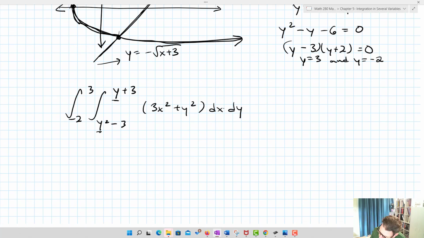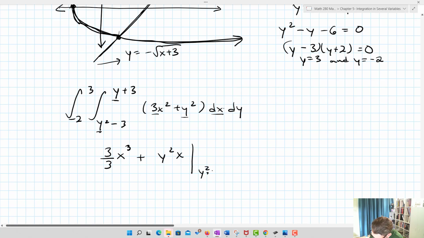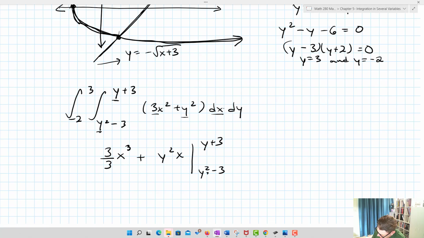So now first I'm going to integrate with respect to x. Y squared is constant. So this gives me 3 over 3 x cubed plus y squared x, evaluated from y squared minus 3 to y plus 3. Let's just do this first, then I'll plug it into my integral.